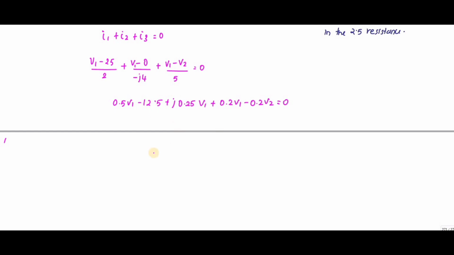If I add these, you will get 0.7 V1 plus j 0.25 V1 minus 0.2 V2 equal to 12.5.